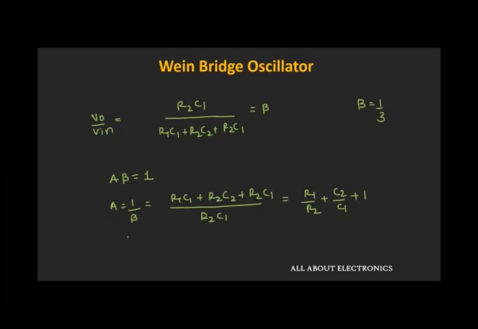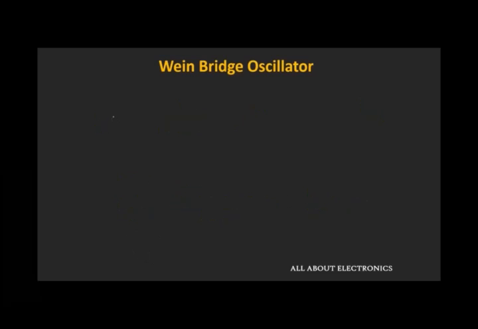Now here the gain of this opamp will be equal to 1 plus R4 by R3 because it is configured in the non-inverting configuration. So we can say that A is equal to 1 plus R4 by R3 should be equal to R1 by R2 plus C2 by C1 plus 1, or we can say that this R4 by R3 should be equal to R1 by R2 plus C2 by C1.